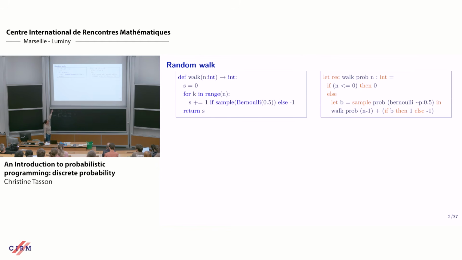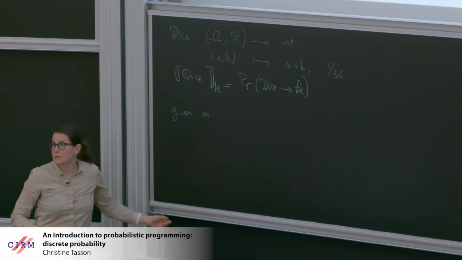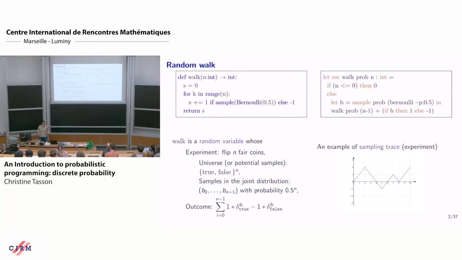So first of all, it is a parameterized random variable. So what we get is a parameterized distribution. And the universe is given n. What I will do is I flip n coins. So the universe is the potential samples that I can get, that are sequences of Booleans, sequences of length n.